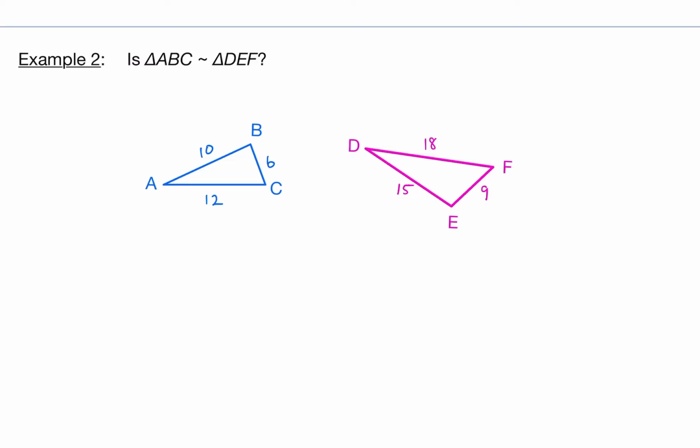So here we've got triangle ABC and triangle DEF. And the question is, are they similar to each other? Well, let's go ahead and set the proportions correctly. So we're going to take AB, which happens to be the first two letters of that triangle. So we're going to say AB over the first two letters of this triangle, which is DE.